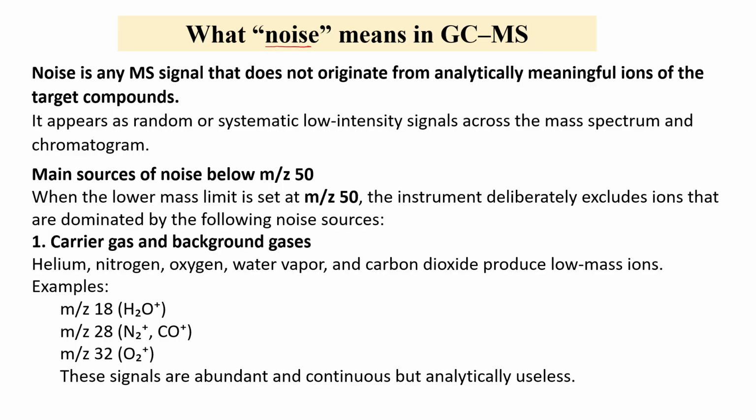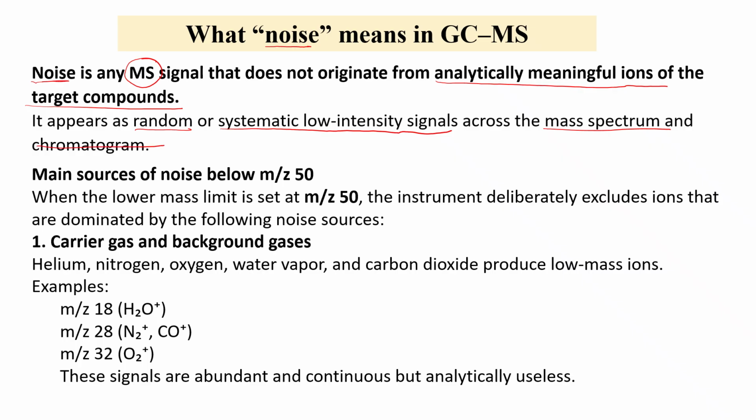What noise means in GCMS? Noise is any MS signal that does not originate from analytically meaningful ions of the target compounds. So it appears as random or systematically low intensity signals across the spectrum and chromatogram.